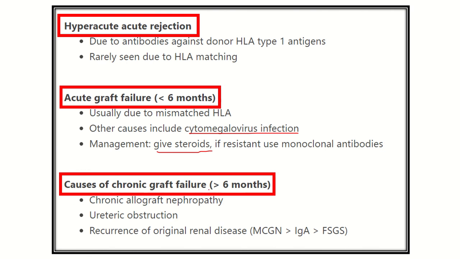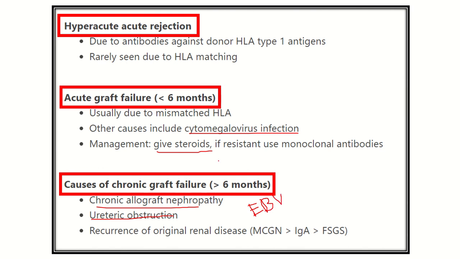Chronic graft failure occurs after 6 months of the transplantation, and it is caused by chronic allograft nephropathy and ureteric obstruction, and another cause is infection with Epstein-Barr virus.